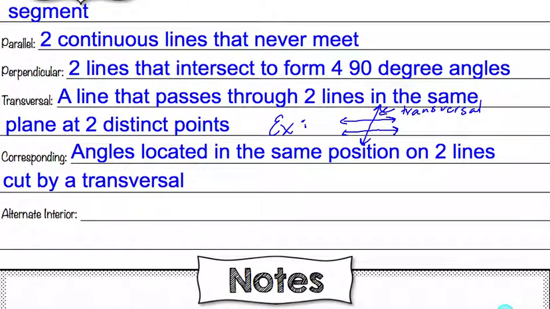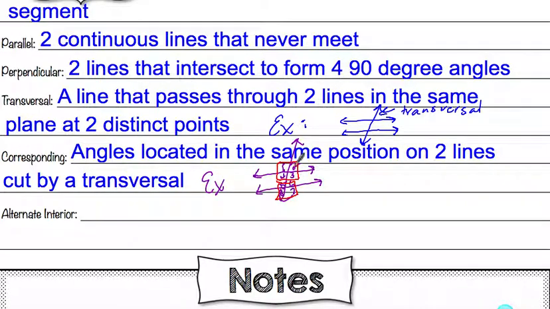Okay, so for example, if you see two lines cut by a transversal, and I can certainly label these, give them numbers, 1, 2, 3, 4, 5, 6, 7, and 8. Okay, the ones that are in the same position, I like to think of this as two windows. You see how there's 1, 2, 3, 4 panes in this window, and 1, 2, 3, 4 panes of glass in this window.